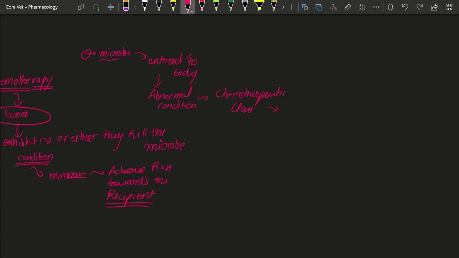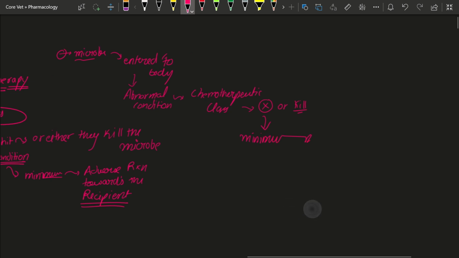After you give a chemotherapeutic class drug, it will either inhibit the metabolic function of that particular bacteria or microbe that we are considering, or it will kill it, such that there is minimum effect in the host.